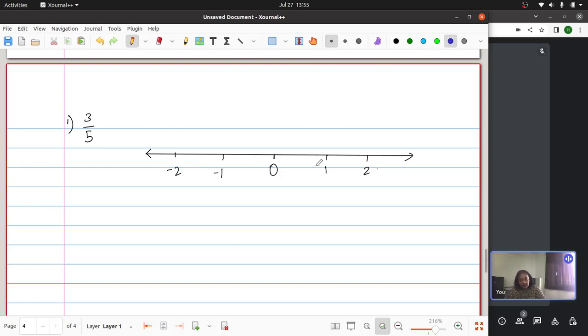The interval between 0 and 1, we divide into 5 parts, and you are looking at the third part. So this is 3 by 5. Let us look at one more example.